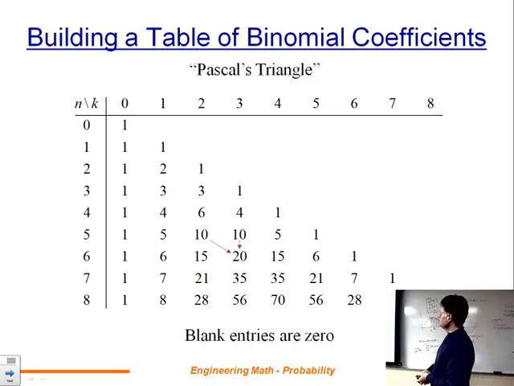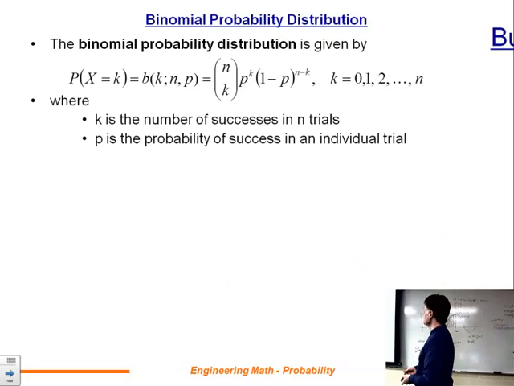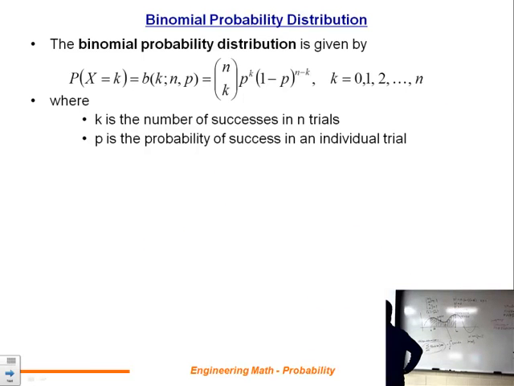All right. So given Pascal's triangle, given binomial coefficients, now we can define the binomial probability distribution. The binomial probability distribution is as follows. Given a particular k in the range 0 through n, it will give the probability of exactly k successes in n trials.